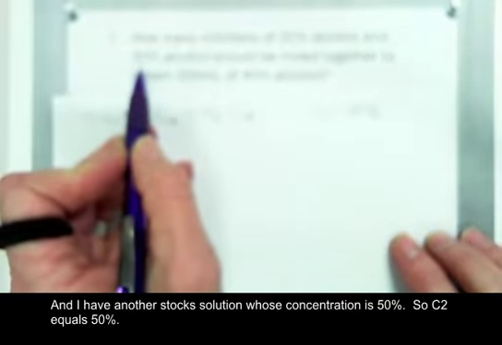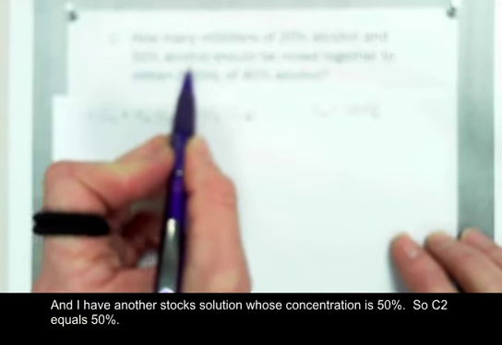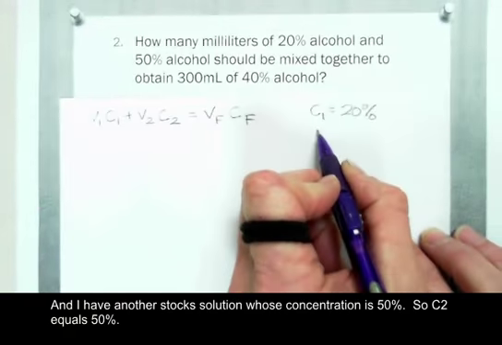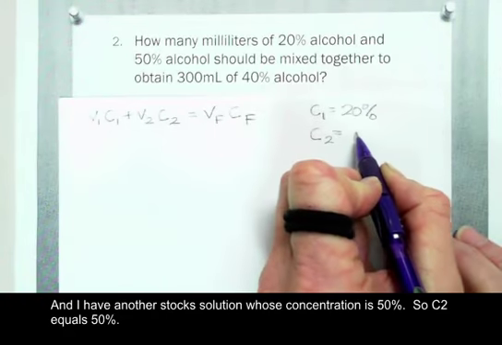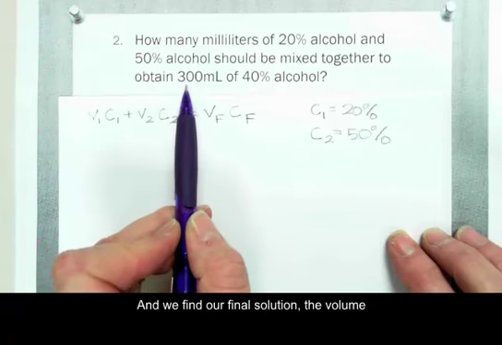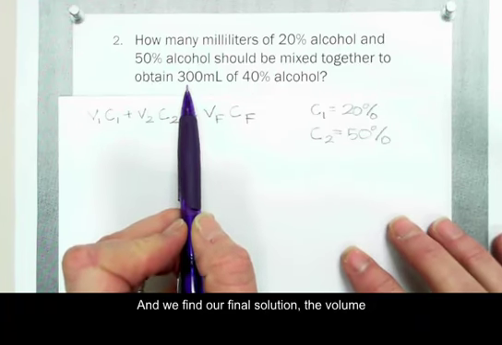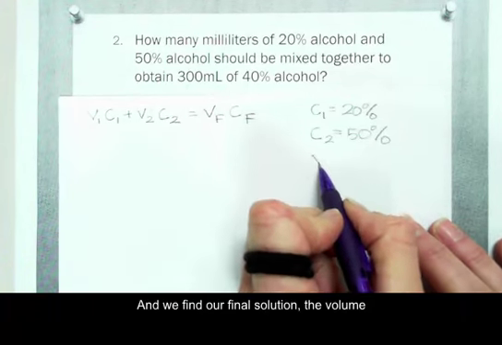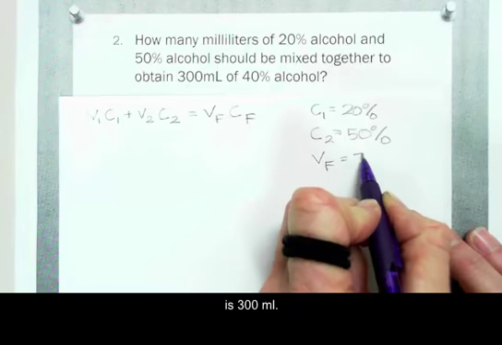And I have another stock solution whose concentration is 50%. So C sub 2 equals 50%. And we find our final solution, the volume, is 300 milliliters.